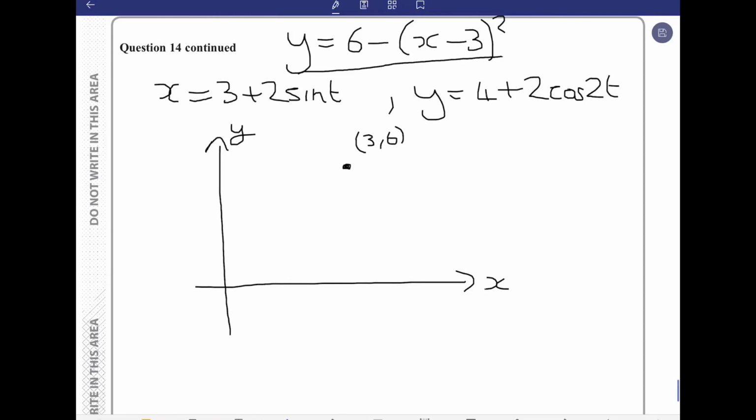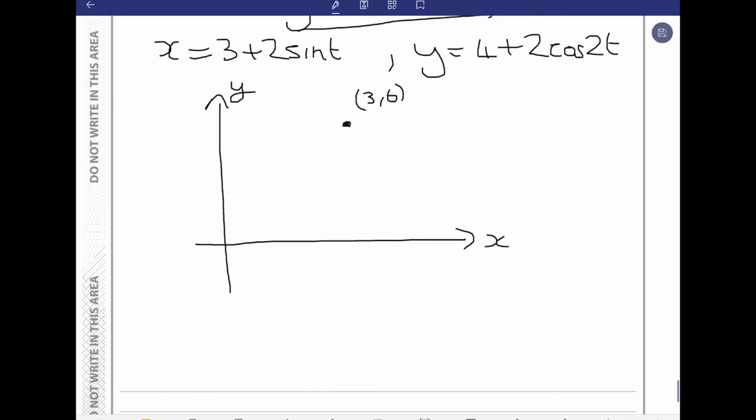Now all we have to do is find the minimum and maximum points of the curve. These are due to the fact that sin goes between 1 and minus 1. So minus 1 is less than sin t, which is less than 1.